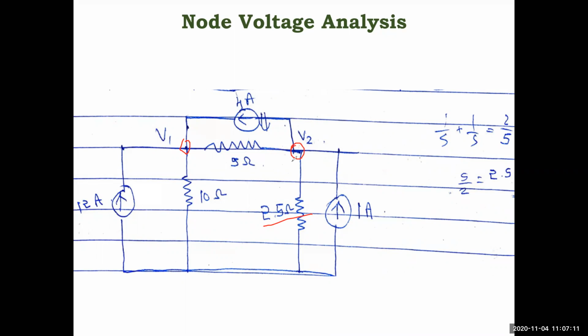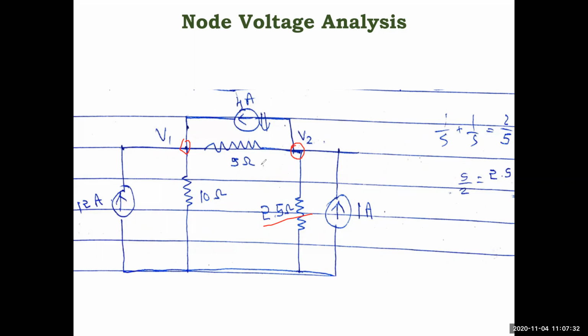Okay, understood? Yesterday's video, if you have not watched, just watch it and then come. Now the current we need to write here. The 12 amp is entering the node and 4 amp is also entering the node. So 12 plus 4, 16 amp current is coming to this node. Okay, so equal to 16.